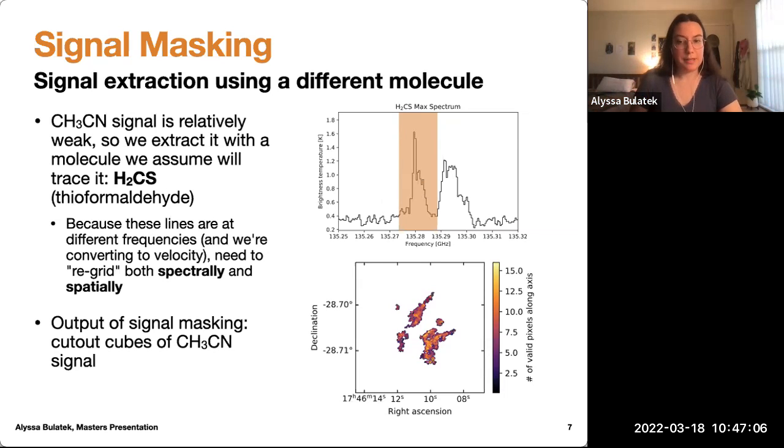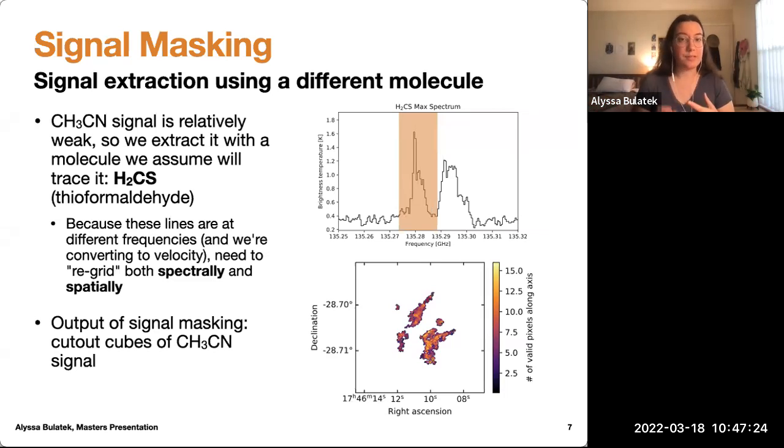However, there's a slight caveat. To do that successfully, we have to recognize that because the thioformaldehyde line and the methylcyanide line are at different frequencies, we can see this is 135.2 and the methylcyanide line was at about 147, ALMA behaves differently at those frequencies.